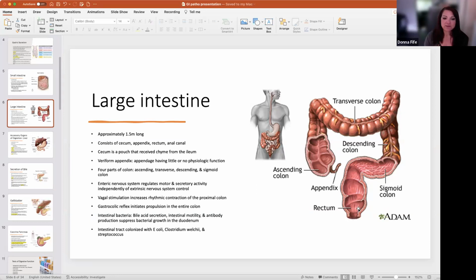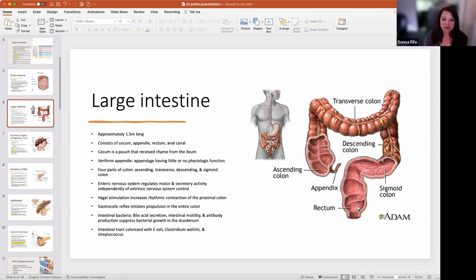The enteric nervous system regulates the motor and secretory activity independently of the extrinsic nervous system control. There's vagal stimulation, and this increases the rhythmic contraction of the proximal colon, and the gastrocolic reflex, which initiates propulsion in the entire colon.